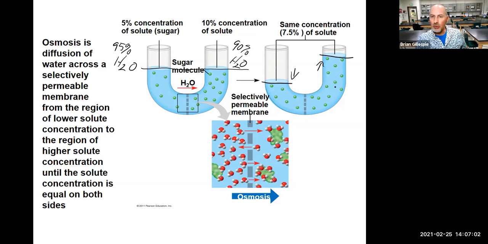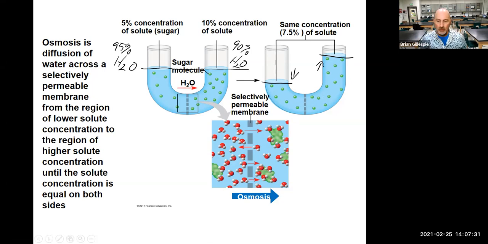That became more and more dilute, and we went from 10% to 7.5% on this side. But then the loss of water molecules concentrated the solution from 5% sugar also to 7.5% sugar. And now we have equal amounts of water on either side, and we have equal concentrations of sugar. So this is our equilibrium state.